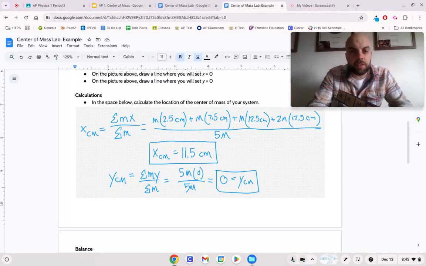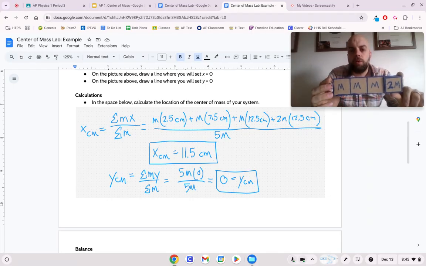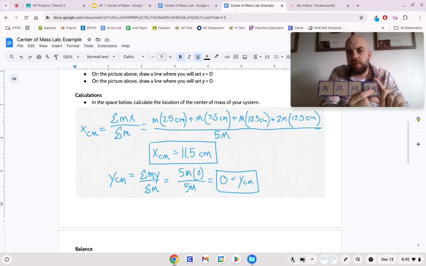This is a great opportunity to talk to your group about the calculations you're doing to figure out where the different masses are. Each of the grids are 5 centimeters by 5 centimeters. So when I set my x equals 0 axis right here, I was able to count and go 2.5 centimeters, 7.5 centimeters away, 12.5 centimeters away, and 17.5 centimeters away to sum all of my mass positions.